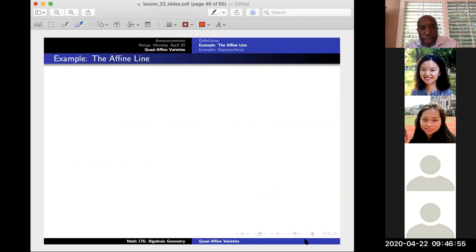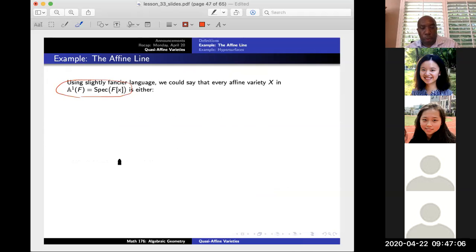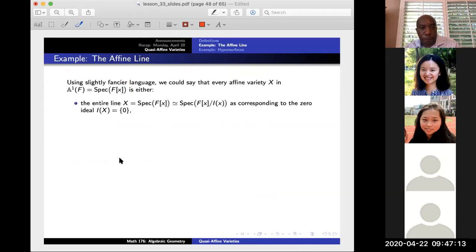Now, we can think of this in a slightly fancier way by going back to what we said about spec of R. So remember that we can write in a fancy way, A1 is just spec of the polynomial ring. And now let's just stare at the previous theorem. That says that every affine variety is one of two possibilities.